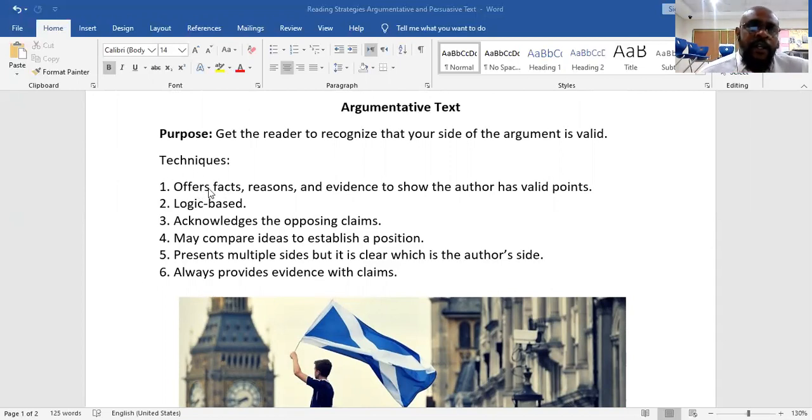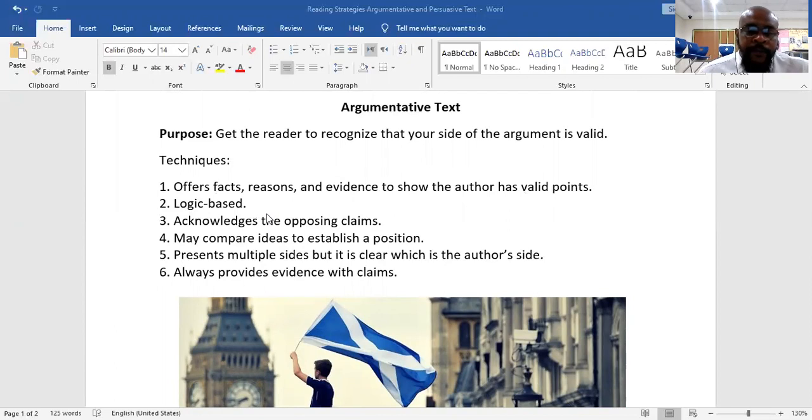The first one is they offer facts and reasons and evidence to show that the author has a valid point. So usually the person would have done a lot of research and gathered a lot of research on a particular point, and will use that research as evidence to make their case and their point. It is logic based, right?